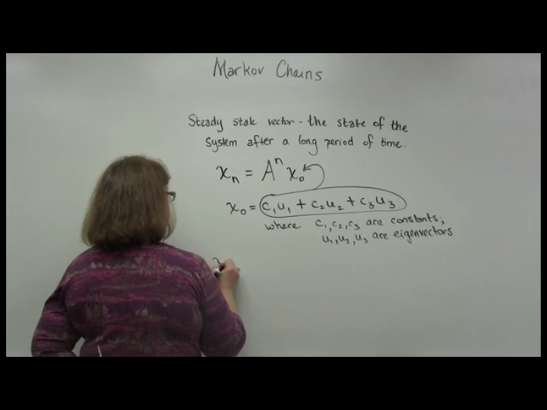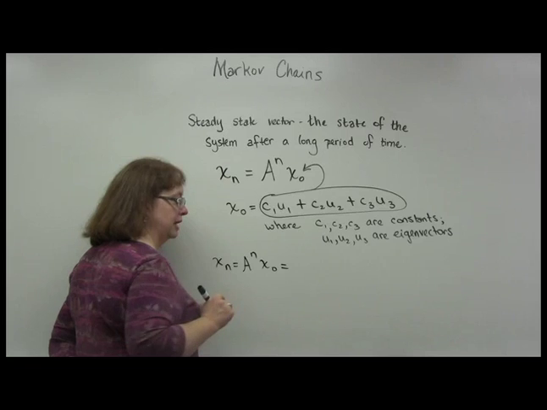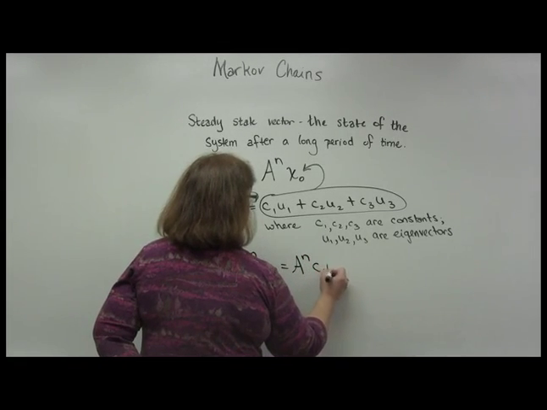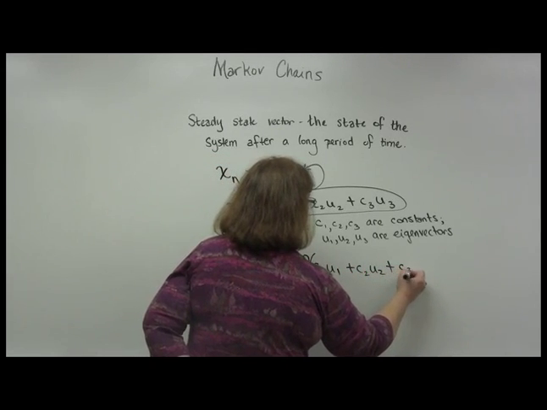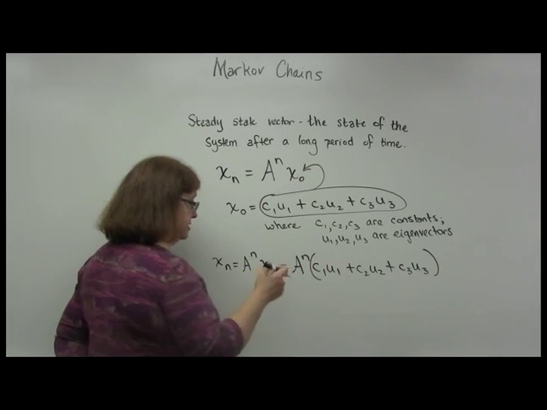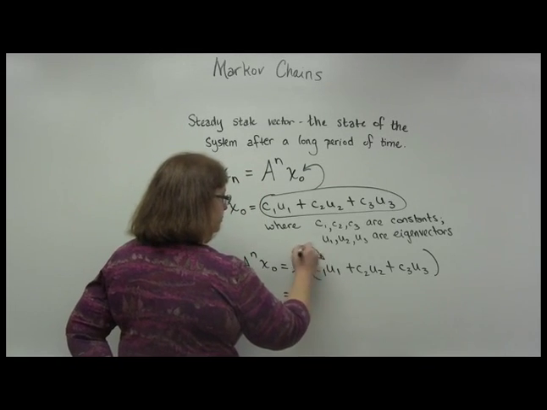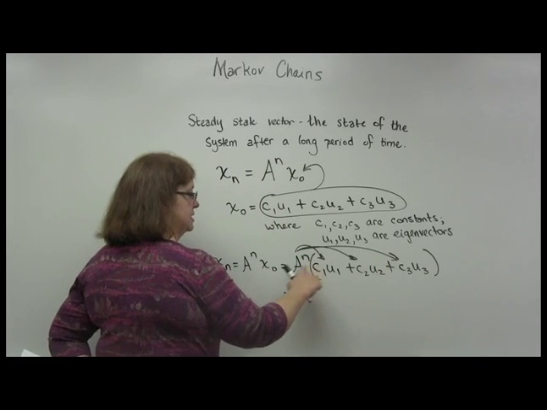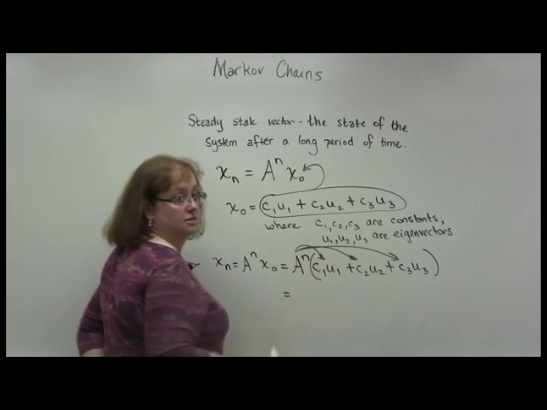Okay, so let's do that. Let's say I have x sub n. We said that's A to the n times x sub 0. But in place of x sub 0, I'm going to write c1u1 plus c2u2 plus c3u3. Okay, now let's distribute the A to the n power. Remember, I have a property that says if I have a number, a constant, times a matrix, times a vector or another matrix, I can slide that constant wherever I want to.